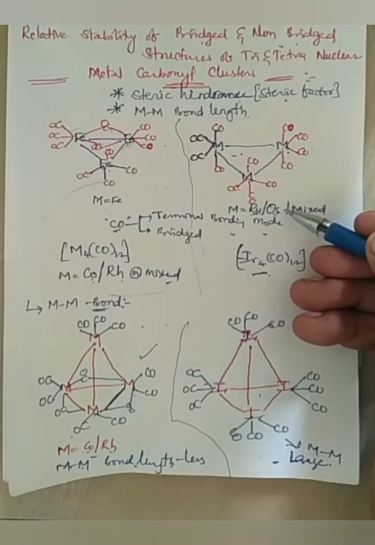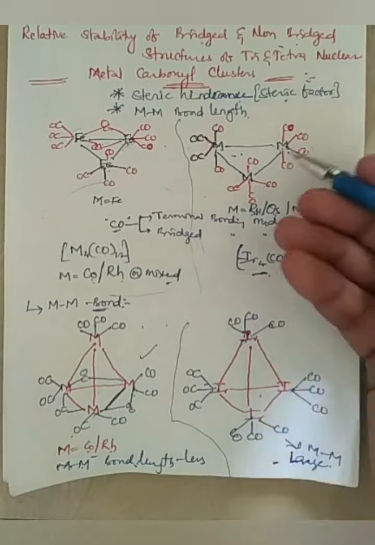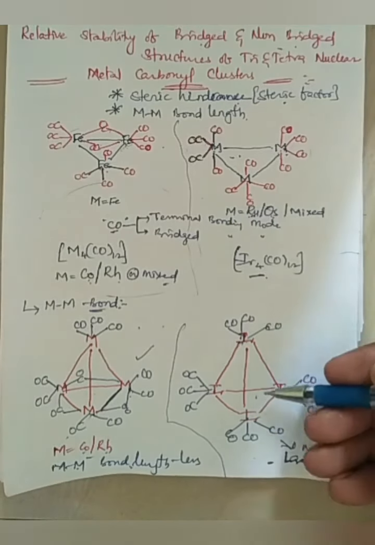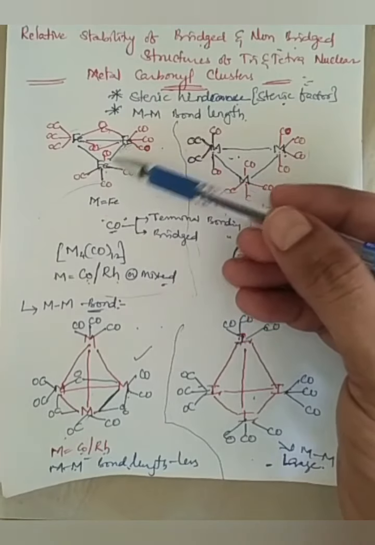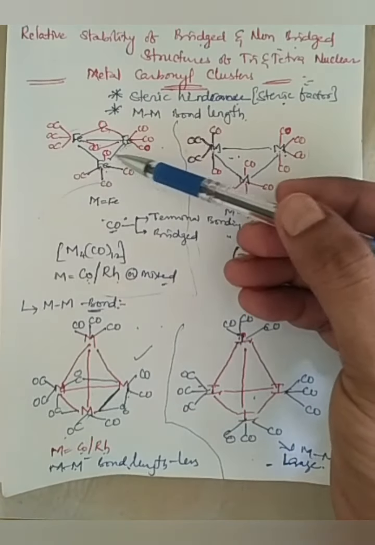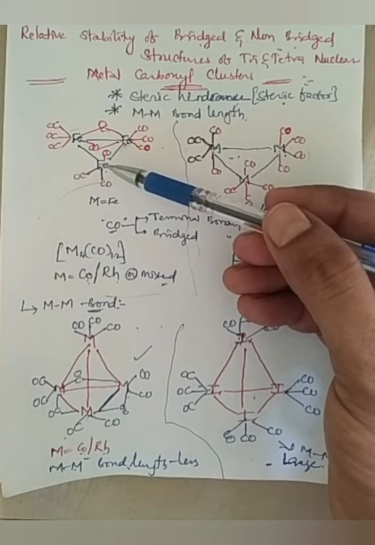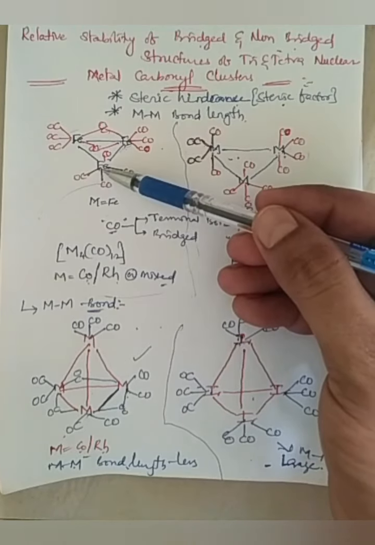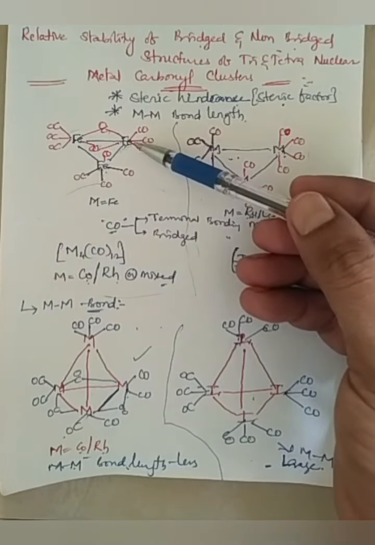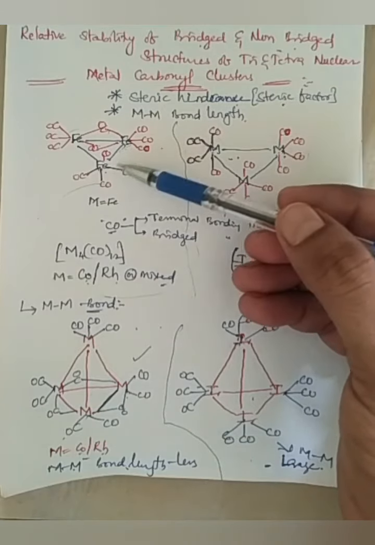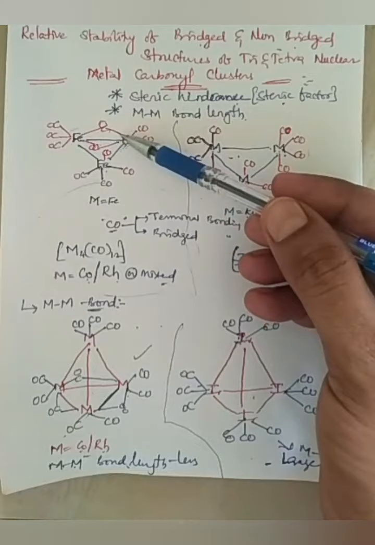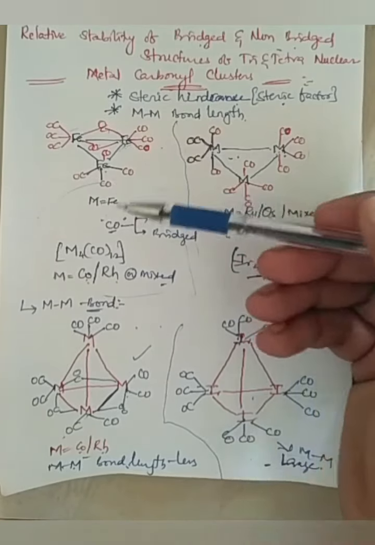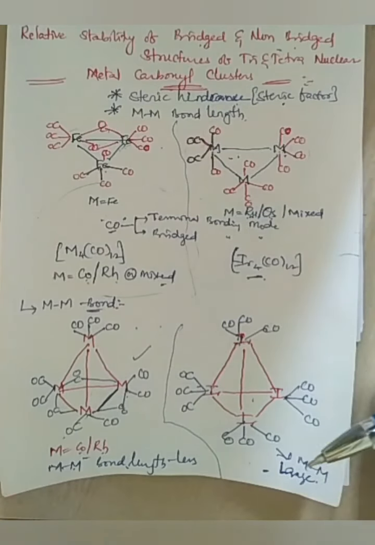So these trinuclear clusters of ruthenium and osmium will have non-bridged structures, like iridium. And for iron, having lesser bond lengths, the closer interaction between one part of the iron molecule and the other part means bridging is possible. So this particular structure will exhibit bridging structures.